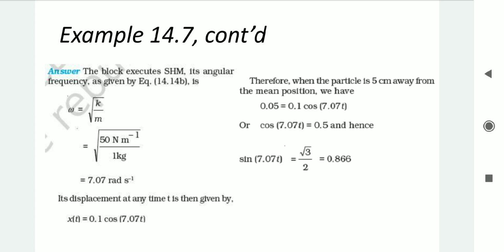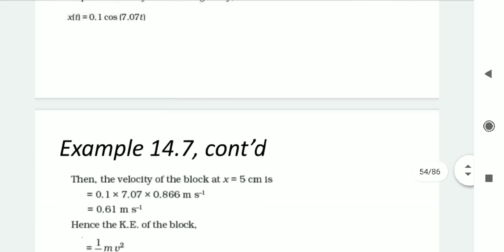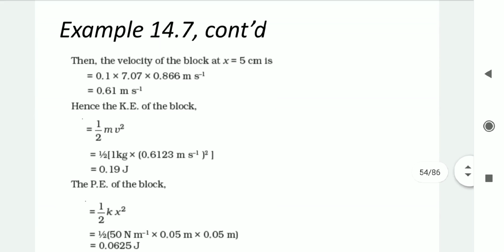While substituting, the magnitude is v equals A omega sin omega t, where A is 0.1 and omega is 7.07, times sin omega t. That gives 0.61 meter per second velocity of the object.